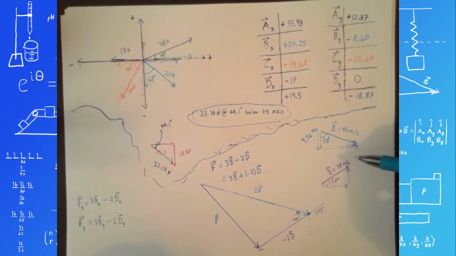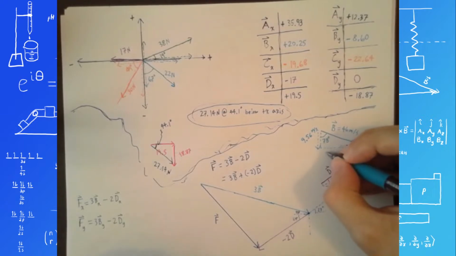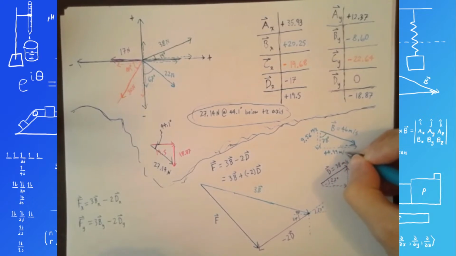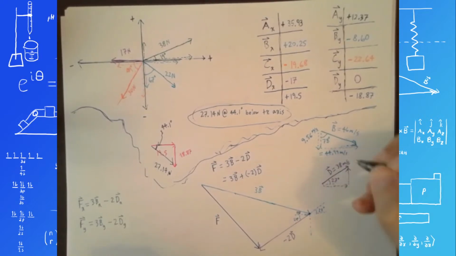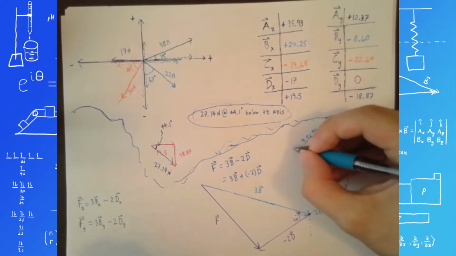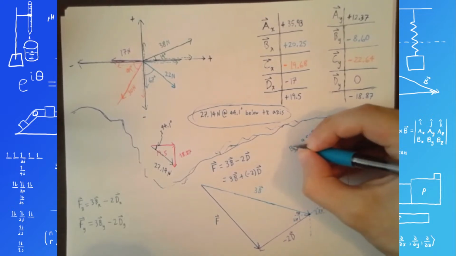And then for the horizontal component, I'm going to do 46 times sine of 78 degrees. My calculator says 44.994, so 44.99 meters per second. I should probably be calling these bx and by.